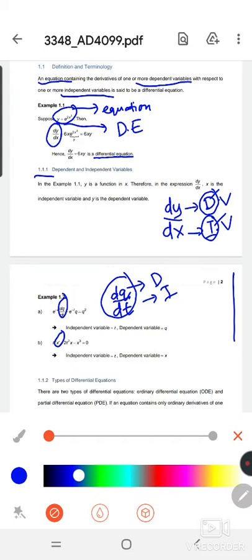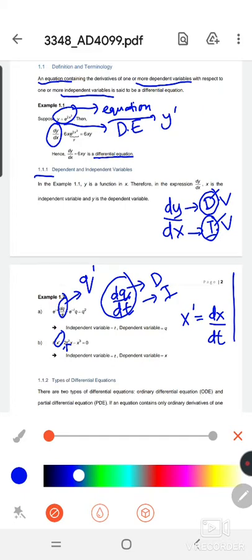How about this one? t x prime minus 2t^2 x minus x^3. For x prime, you can write it as dx dt. Why do we write dx dt? Because it has the variable t in front. So remember that x prime is on top. Here we can write Q prime, so Q prime is on top. If it is dy dx, then it is y prime.